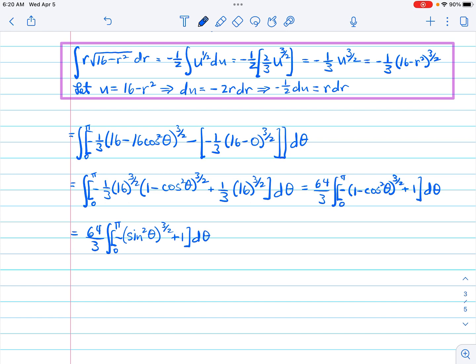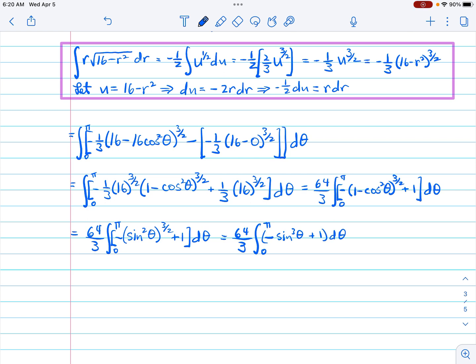Because 1 minus cosine squared is sine squared. So instead of 1 minus cosine squared to the 3 halves, we've got sine squared to the 3 halves. Now this is going to give us, from 0 to pi, a negative sine cubed plus 1.